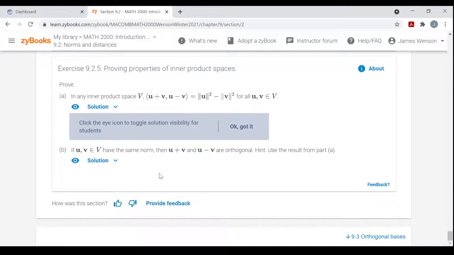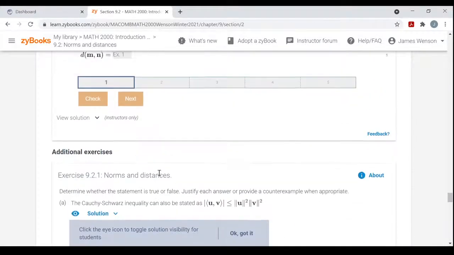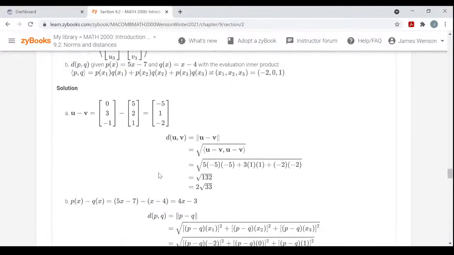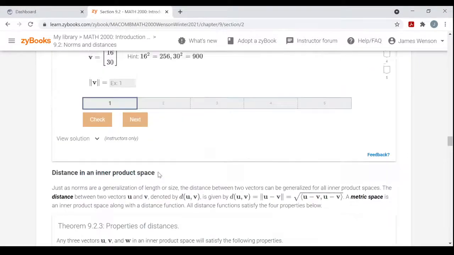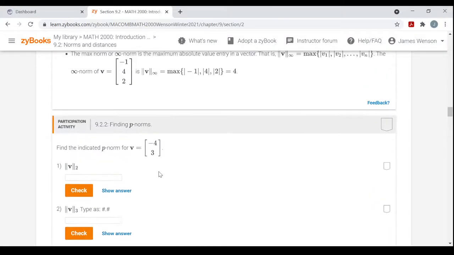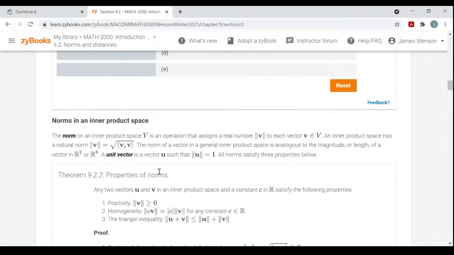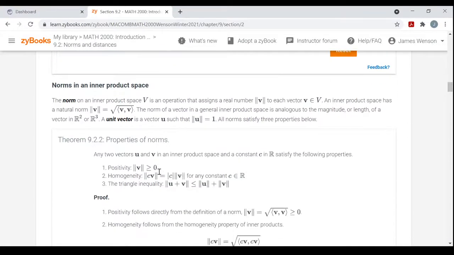It doesn't really look like they're having you use the Cauchy-Schwarz inequality all that often here. Well, I know I made another video in the past where I did more examples. So maybe you can watch that. And I'm hoping that helps understand the Cauchy-Schwarz inequality a little more. I feel it's more important than they're letting it out here.